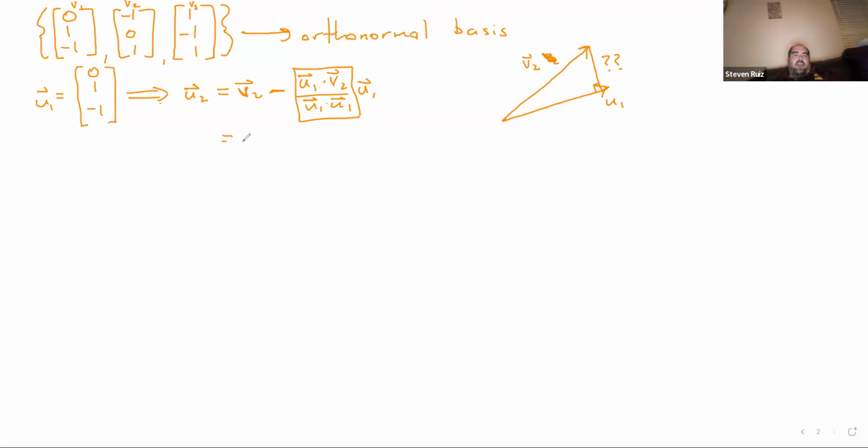All right, so let's find this dot product. Let's actually go ahead and fill in all these details. So v2 comes from the original set, the second vector from the set that I gave you. And then what is u1 dot v2?